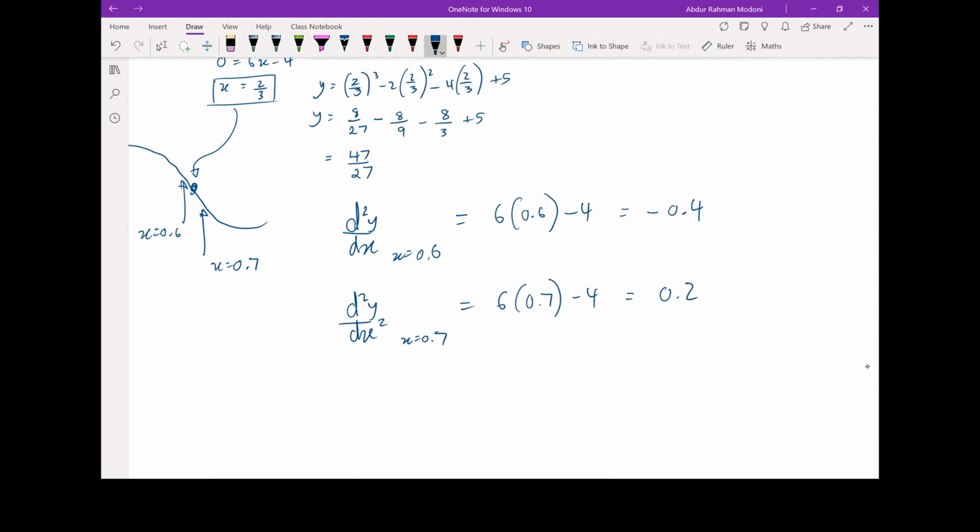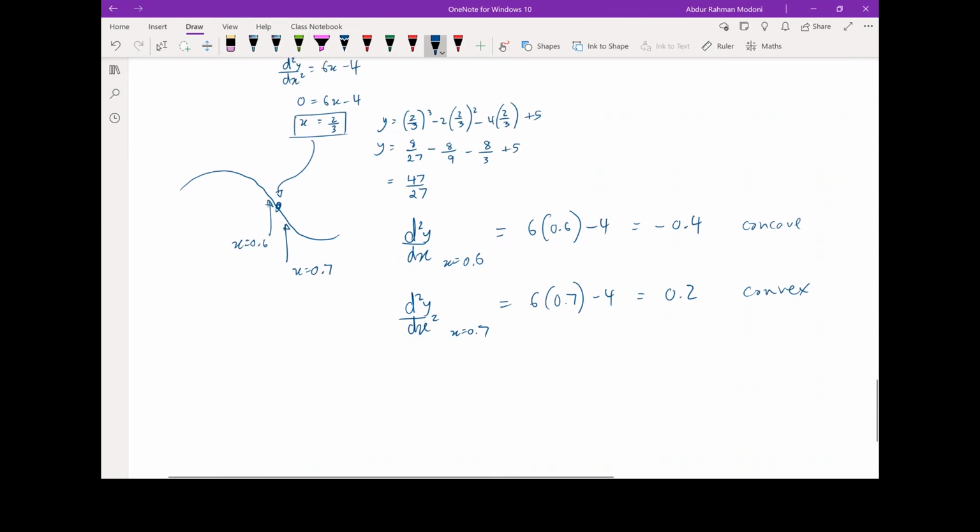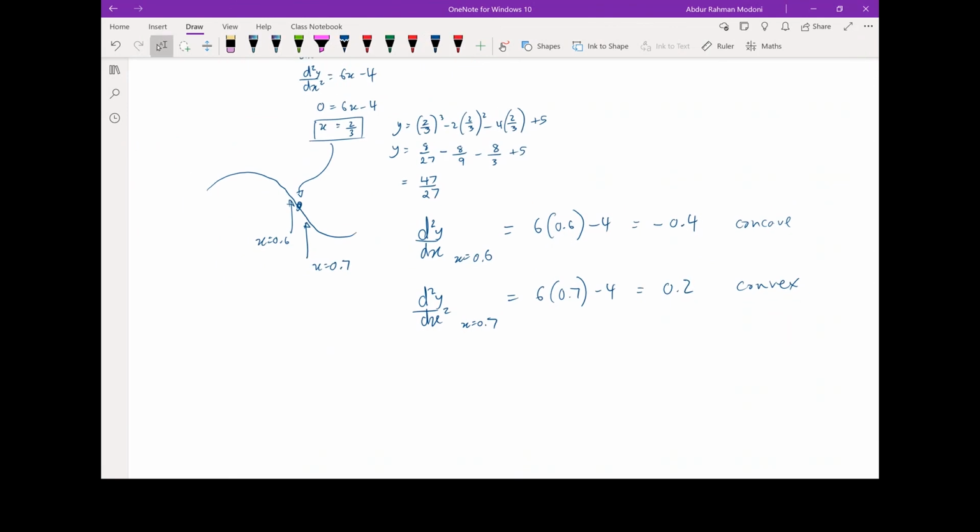So it goes from negative, meaning it is concave, to positive, meaning it is now convex, because the gradient is increasing. The curve goes from concave to convex when we substitute x values on either side. Therefore, x = 2/3 is a point of inflection. So that would be the reasoning to show that there is a point of inflection, if that was the question.